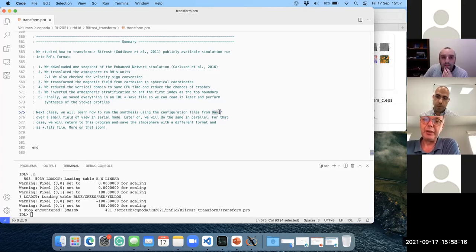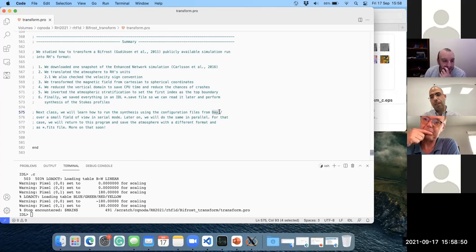In principle, it's very possible and almost straightforward to populate a 3D model for RH with the simulation and do a true 3D solution, in very much the same way. But in the context of this course, we will just do the column by column solution, what is called 1.5D in normal parlance.